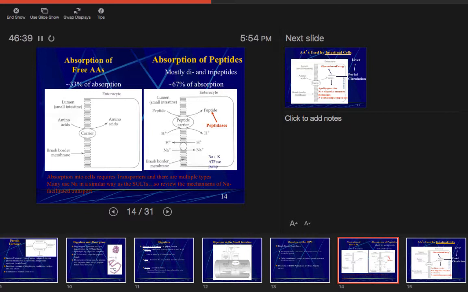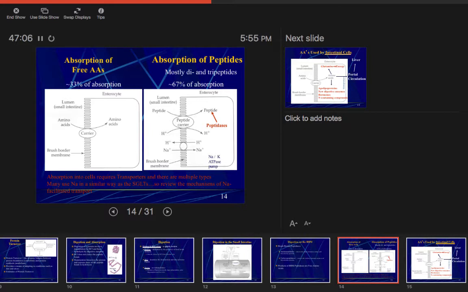Many use sodium in a similar way to the SGLTs. Remember that? Sodium binds, affinity for the amino acid or the substrate increases, transported in. Is that energy dependent? Yep, and it's based on that sodium gradient. So does some absorption of protein require energy? Absolutely, because it requires sodium.